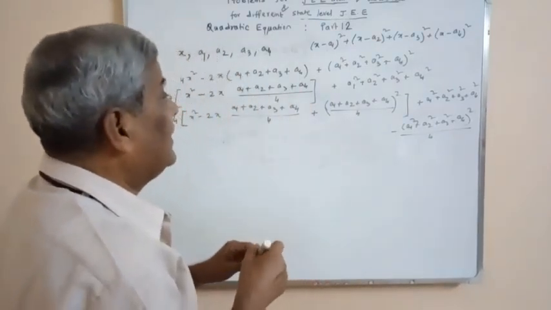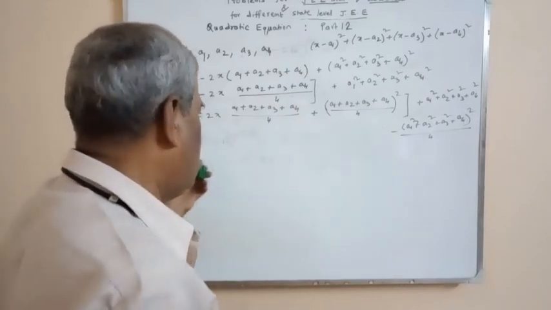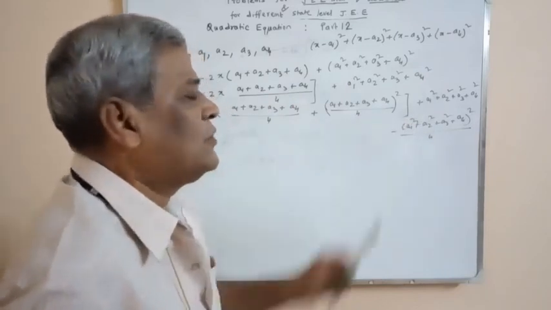Now the least value of that will depend on this, not on that, because they are constant.